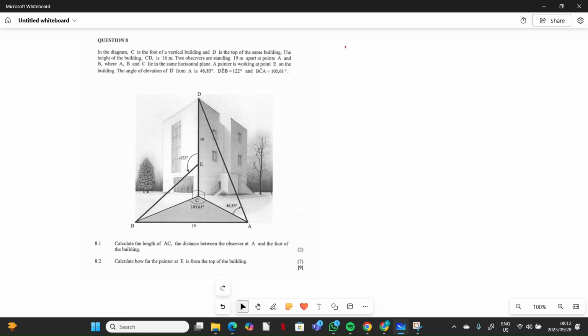The first thing that you do is separate the triangles, right? Remember that A, B, C are on the same horizontal plane per se, right? So meaning that we would have C, then we would have B, then we would have A. Then after that we would have DCA, right?